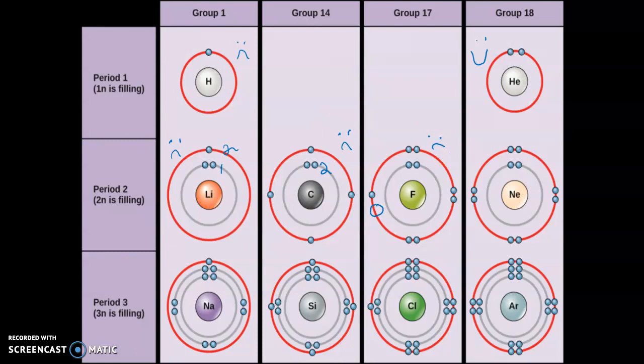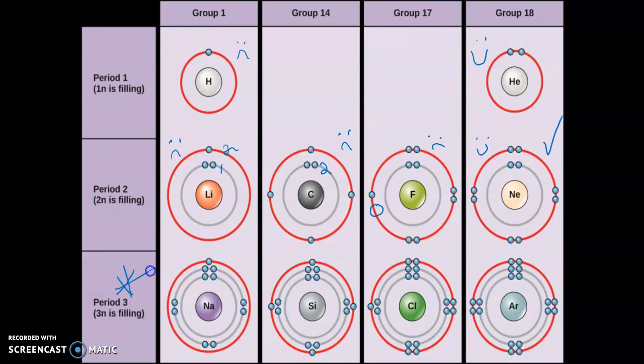See the trend here? Most are unhappy unless you are in group 18, which has the noble gases, and no matter which energy level they're using, they're always going to have that energy level filled. So if you look at neon right here, neon has 2 in the first and 8 in the second. It's happy, it's stable. Drop down to argon. Argon has to use 3 energy levels since it's in the third period.